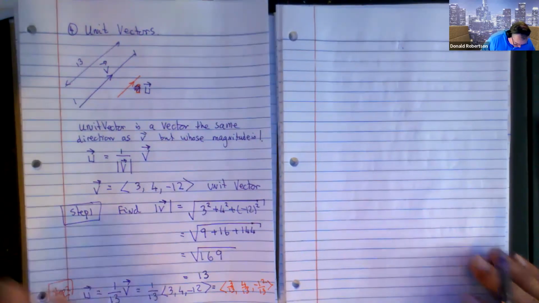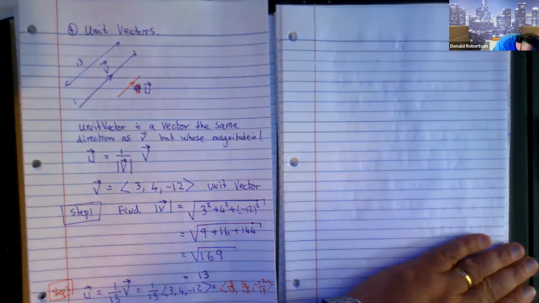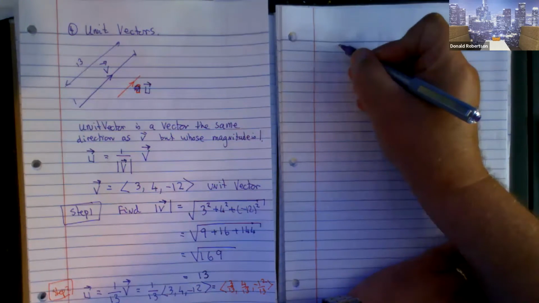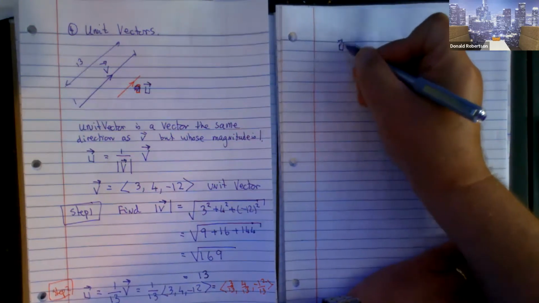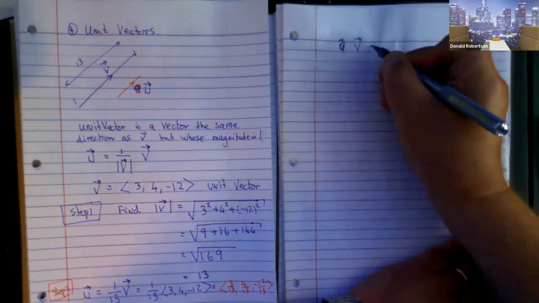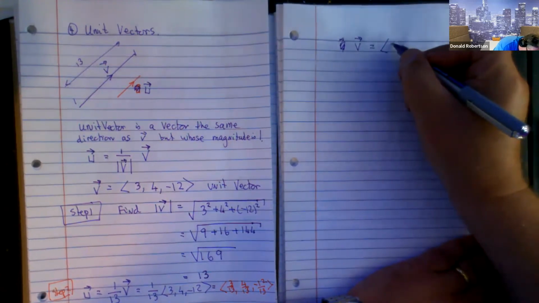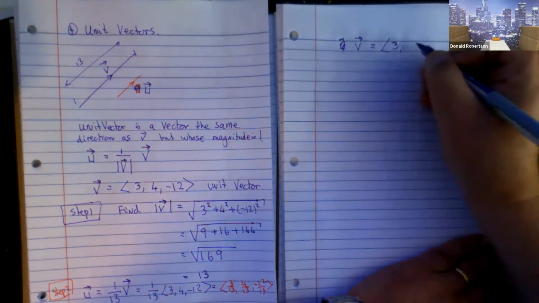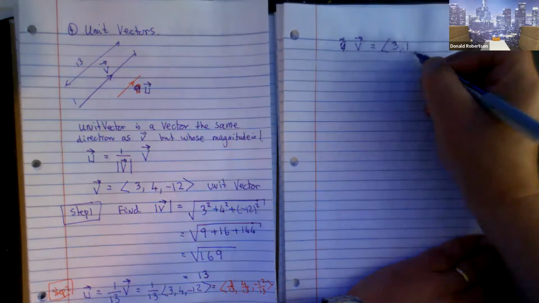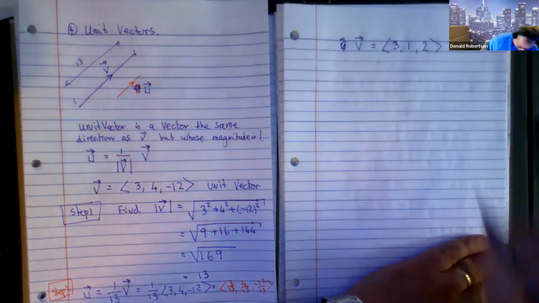So the next version is a different kind of puzzle. Suppose I have a vector U, U's a bad choice. Suppose I have a vector V, and it's 3, 1, 2, right?